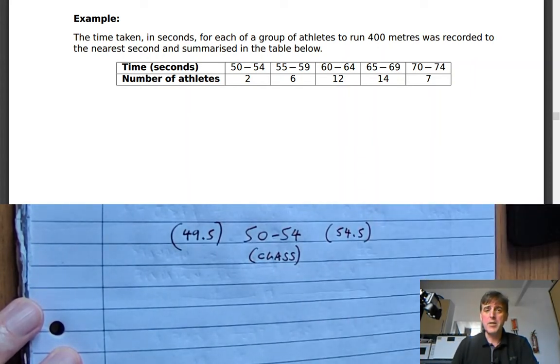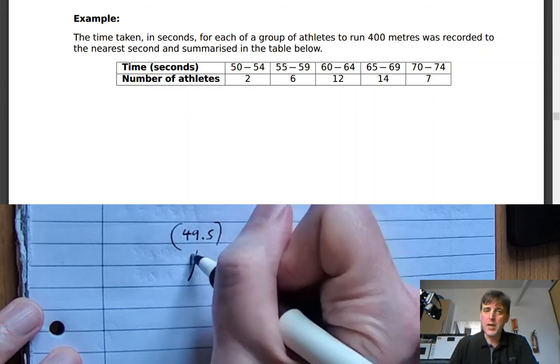The reason for that is because these numbers have been rounded. So anything slightly above 49.5 might have been rounded to 50. Anything which was slightly below 54.5 might have been rounded to 54. So when we see 50 to 54, we need to be aware it actually means 49.5 to 54.5. So watch out for that.